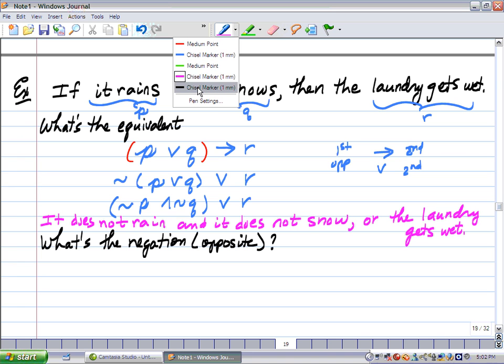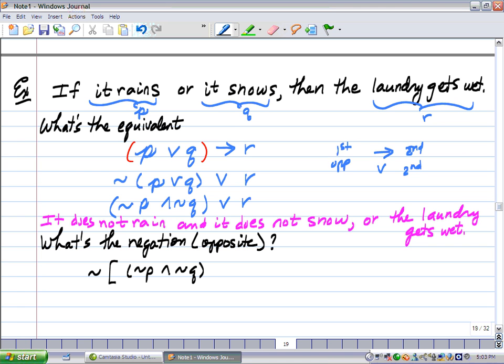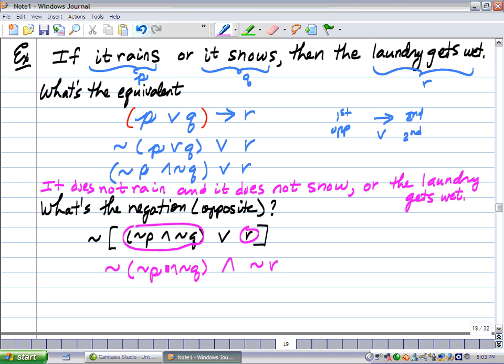Okay, let's try and do the opposite. If I did the opposite of this, not P and not Q, or R, each thing in here turns to its opposite. So I'm going to get not not P and not not Q, and not R. But what's the opposite here?